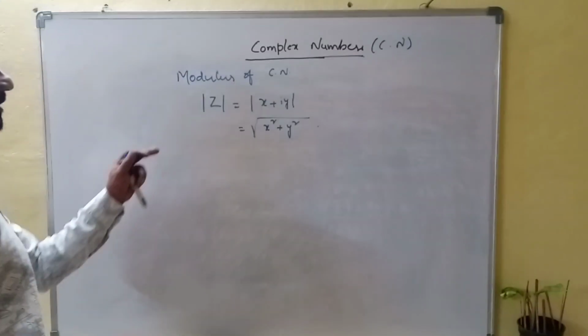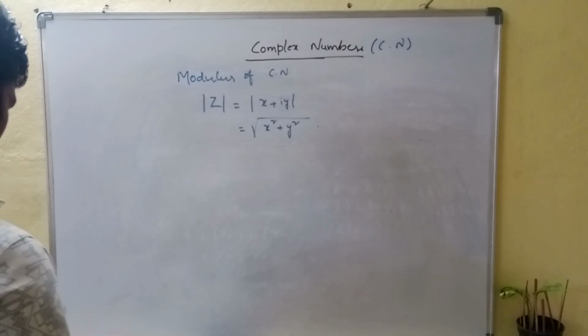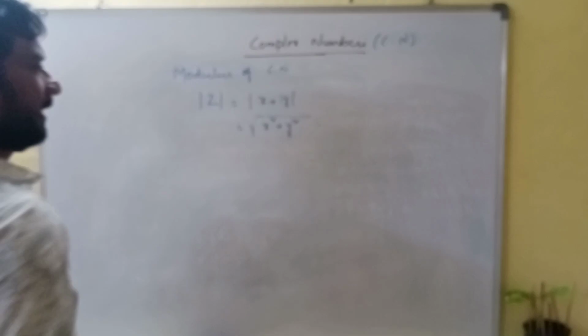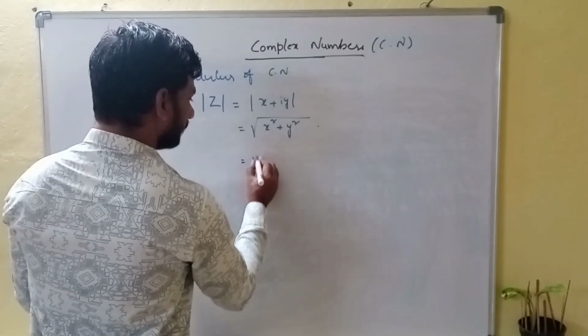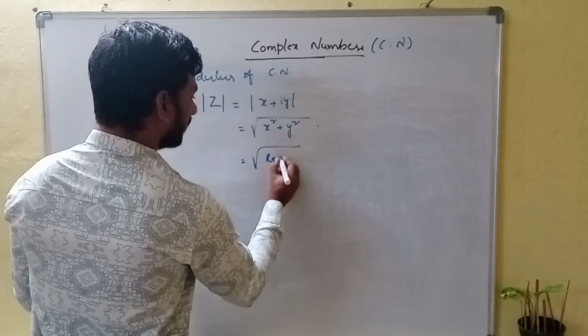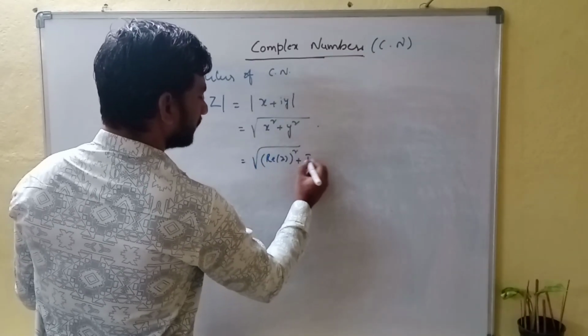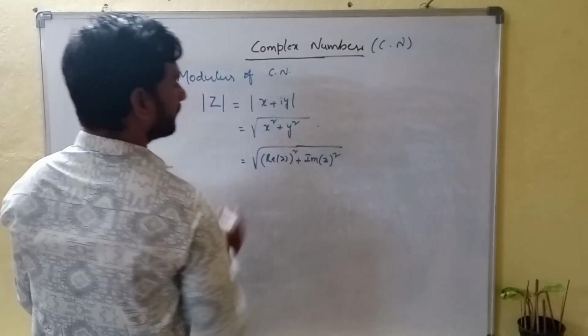This is the formula for the modulus of a complex number. Here x is the real part and y is the imaginary part. So we can write it as under root real part whole square plus imaginary part whole square.